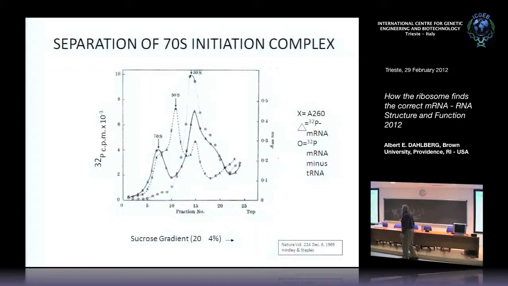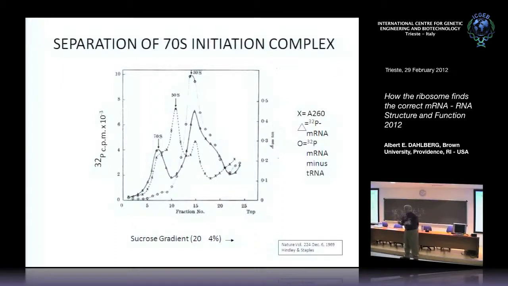Okay, so this is the experiment where they did bind the radioactive messenger RNA to the ribosomes, and then they put it onto a sucrose gradient, which is, as you know, a gradient of denser and denser sucrose. So the 70S ribosomes move furthest into the gradient, then 50S and 30S. And here are the 70S, and this is a radioactive peak of the message and the 70S ribosomes.